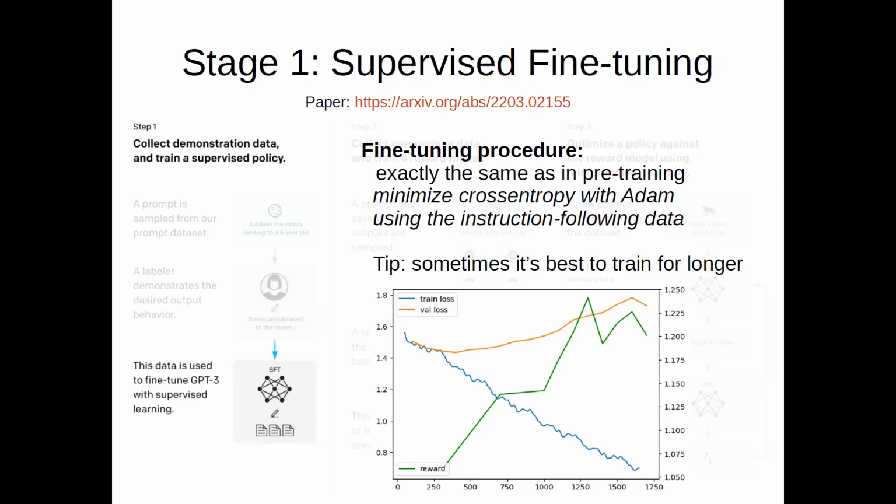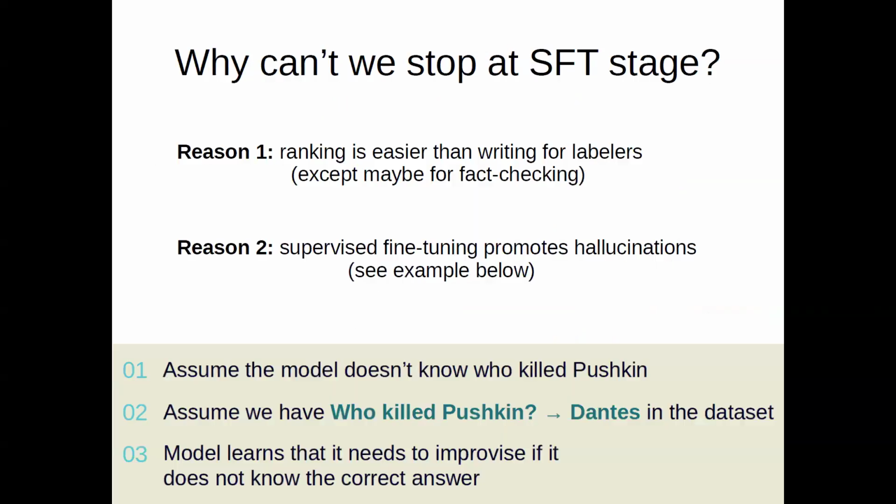You remember from machine learning class, we should stop when validation loss goes up. But in this case, if we continue training, the resulting model is improving. So it's an interesting observation.